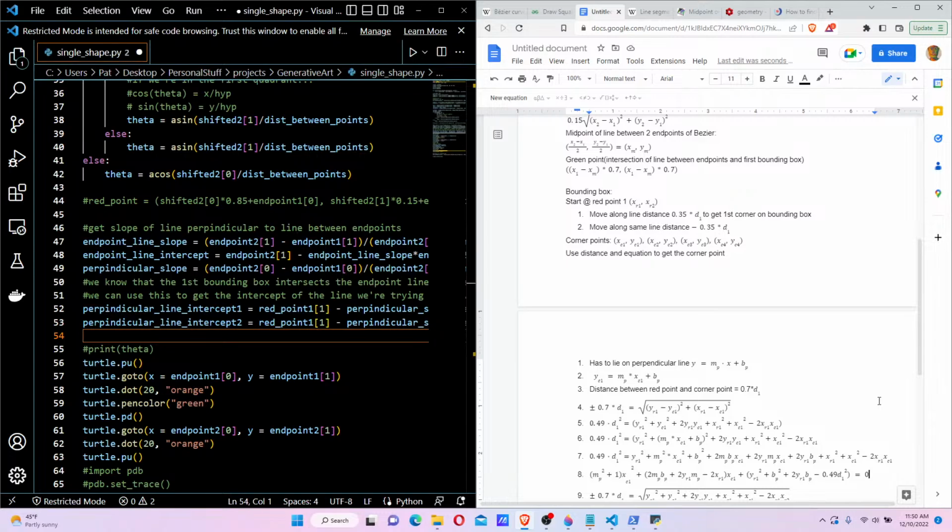Everything's x sub r1, y sub r1, so we can replace the m sub p with m, b sub p with b. X sub r1 is equal to x, and y sub r1 is equal to y. And now we just have to use the quadratic formula.